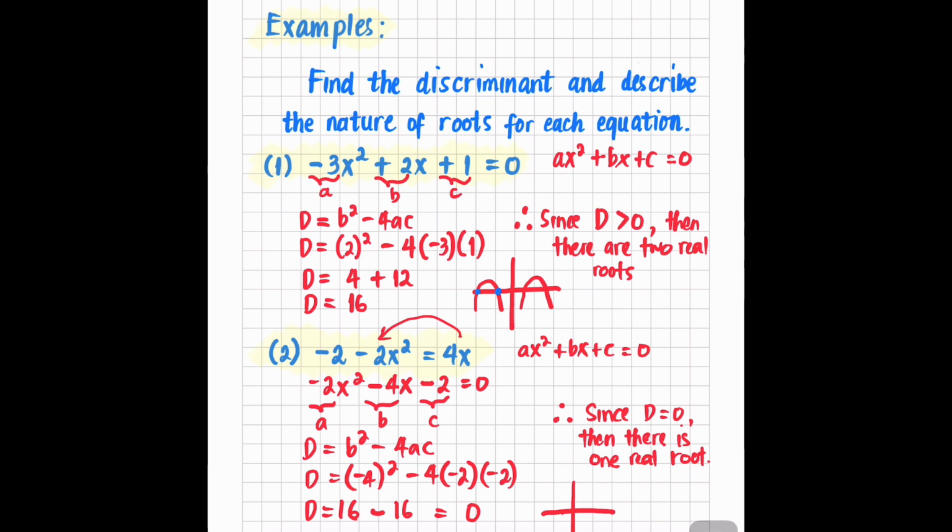And there's only one solution, one real root, so possibly like this. Just one. Can be on the left or can be on the right. This is not the actual graph, but just based on what the value of a is and the discriminant. So if this is the possible graph, definitely you're going to be expecting that the graph will touch 1 point because there's only one real root on the x-axis.